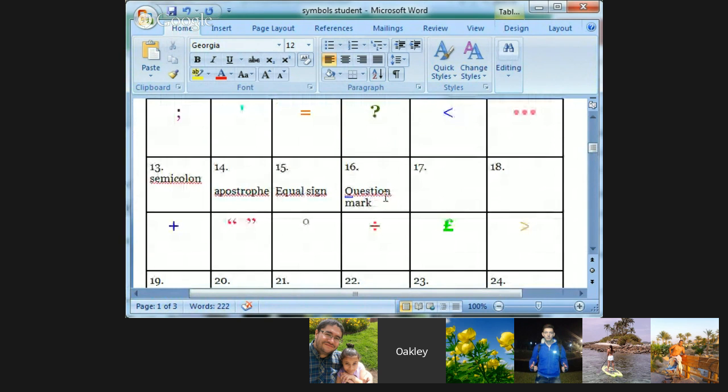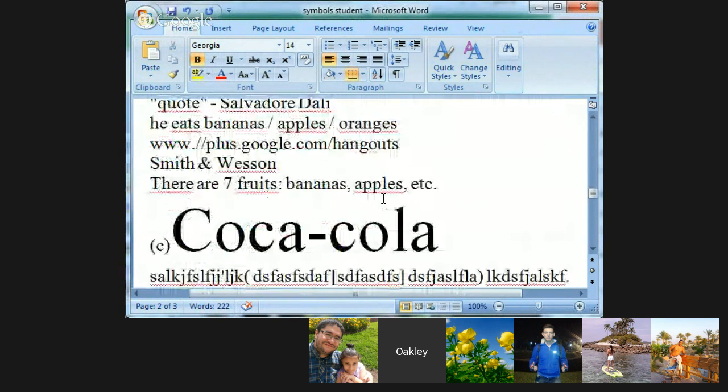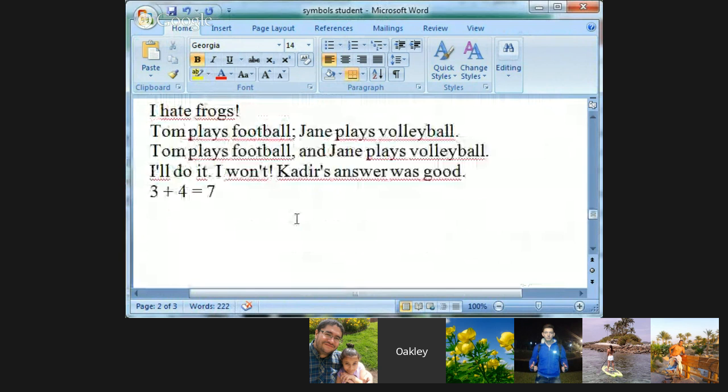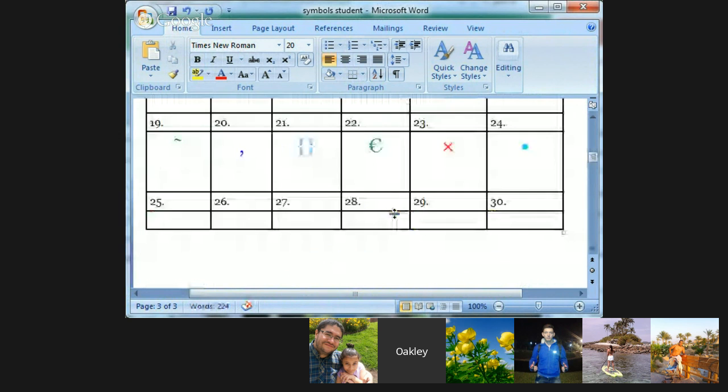And we use mark, or exclamation point, more for word-related things instead of number-related. Question mark, of course, is obviously for what? Questions. Absolutely. That's a pretty obvious one.